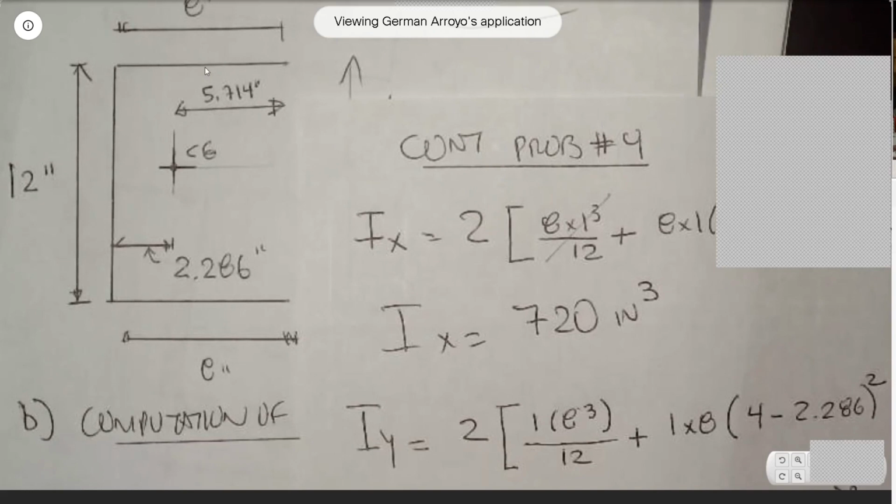So I'm going to find the moment of inertia about this axis, and after that I'm going to move it to here. When you look at this, 1 times a cubed over 12, 1 times a cubed over 12, gives this moment of inertia, plus the area, 1 times a, times the distance squared. And from here to here is 4. This distance is 4, and subtracting 2.286 moves it to the centroid. So from here to here is 4, and the centroid is at 2.286. So I'm saying 4 minus 2.286, squared.